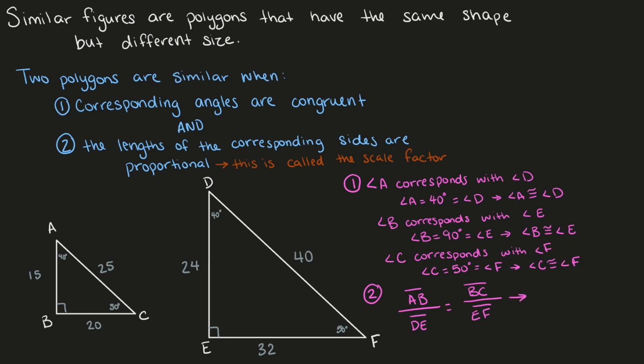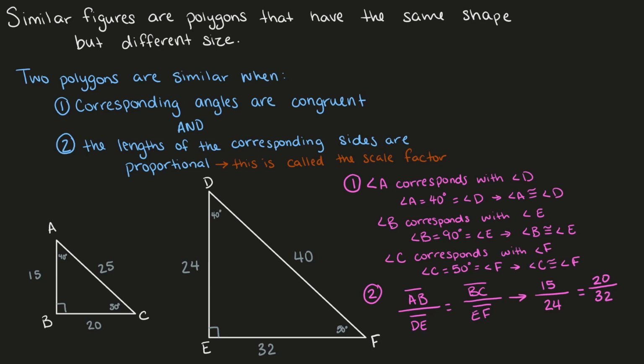So side AB is 15, DE is 24, side BC is 20, side EF is 32.